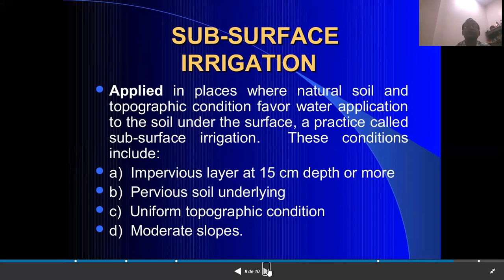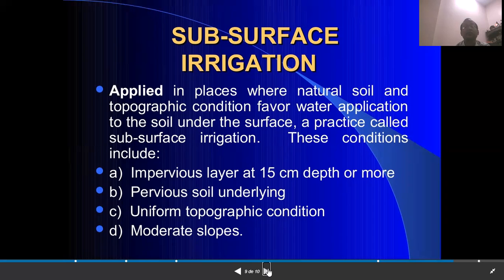Subsurface irrigation is applied in places where natural soil and topographic conditions are favorable. Water is applied below the soil surface, a practice called subsurface irrigation.